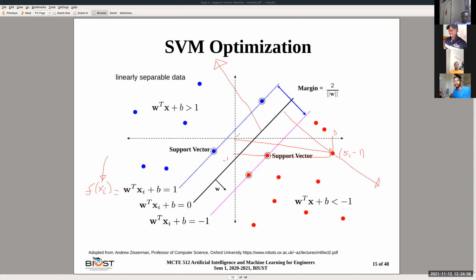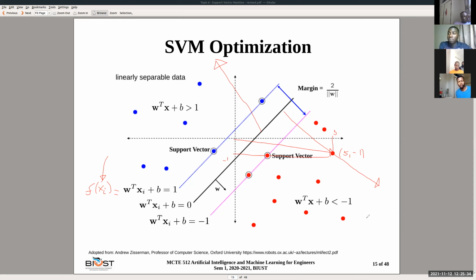That means the vectors that are closest to the separation line that defines the margin of your separation. The value of f of x on that support vector is +1 in this direction and -1 in that direction. That's how we define the support vectors.